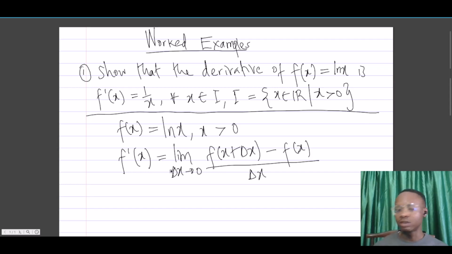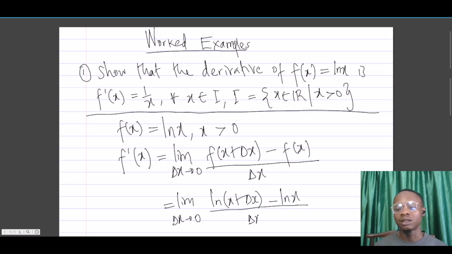So how do we go about this? Given that f of x equals ln x, then we know that f of x plus delta x will be ln of x plus delta x. So this is going to be equal to the limit as delta x approaches 0 of ln of x plus delta x, then minus f of x, which is ln of x, divided by delta x.